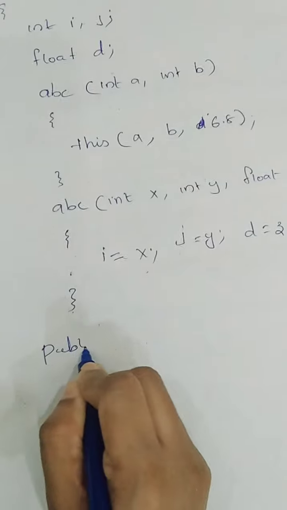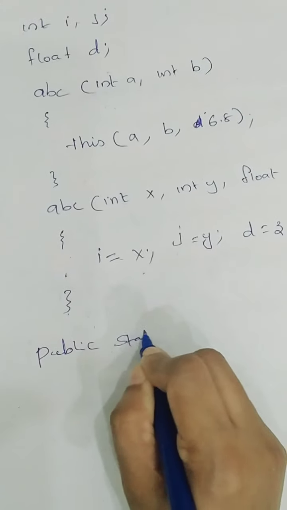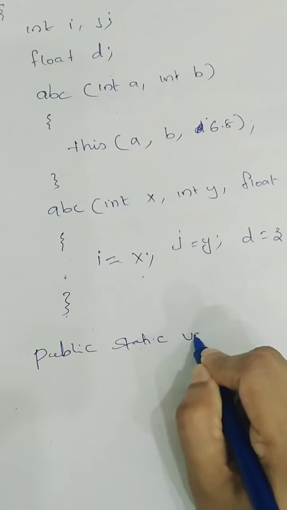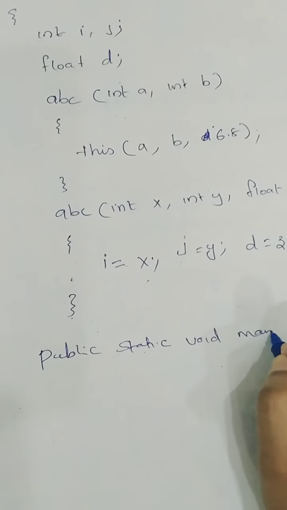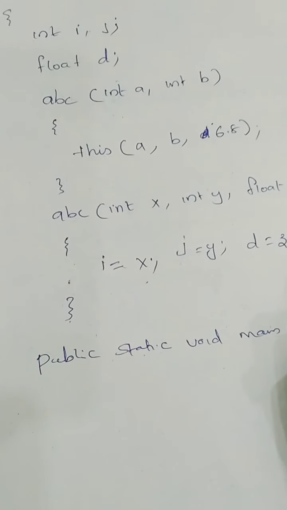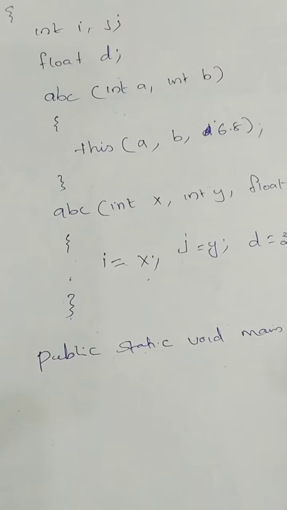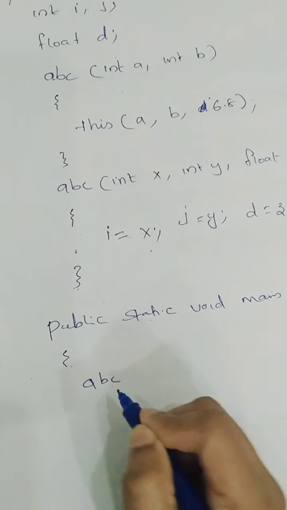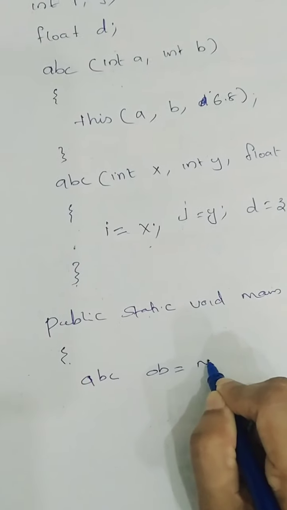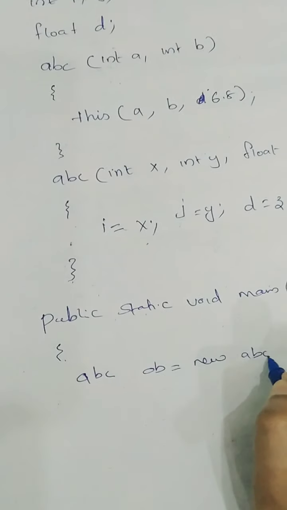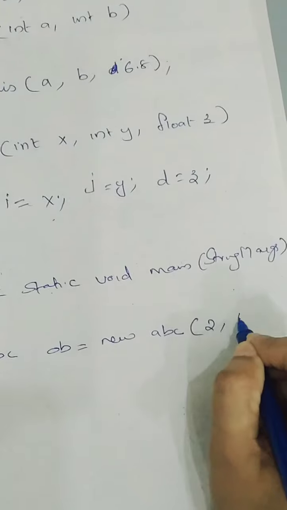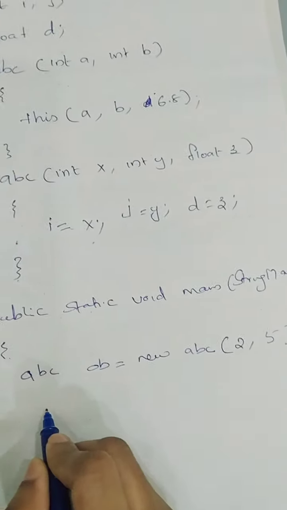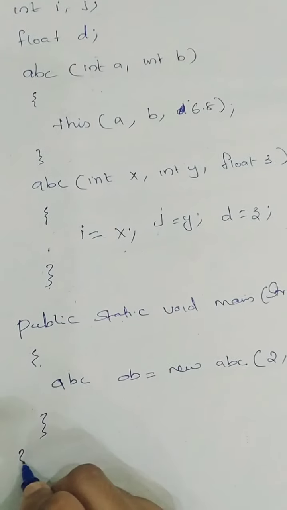I will write again a public static void main, your main method with String args. Here I make a call, only one call I am making: ABC ob is equal to new ABC with 2 values, 2 and 5. Okay, closing the method, closing the class.